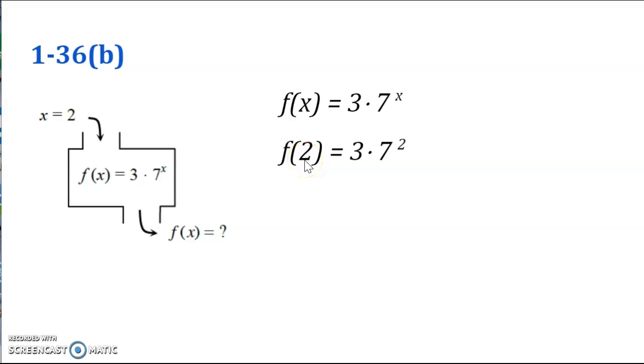That's when the input is 2, and that means wherever you saw x in the original equation, I am replacing that with our input value, which is 2. So this simplifies to 3 times 7 squared. We need to evaluate 7 squared first, which is 49, because exponents come before multiplication and division. And 3 times 49 is 147, and that's your answer.